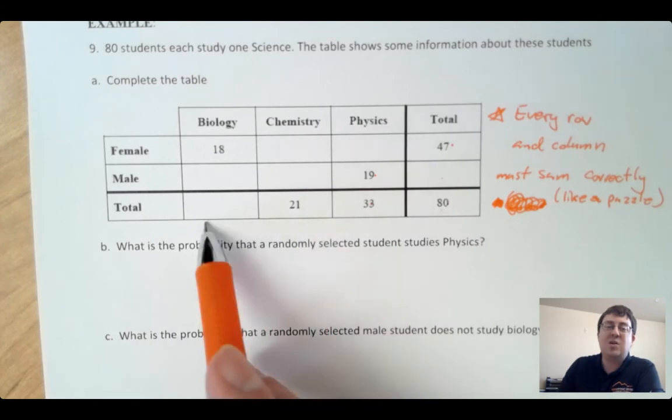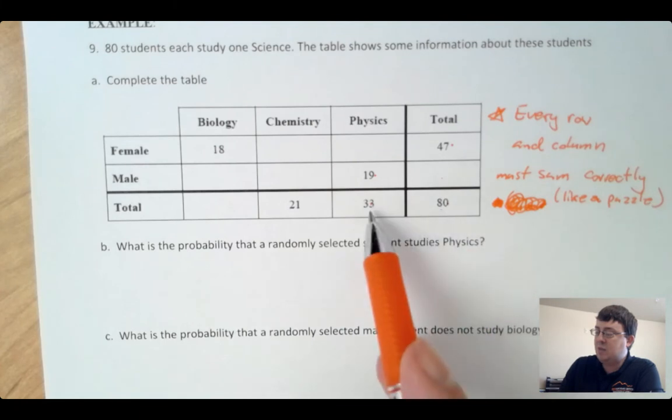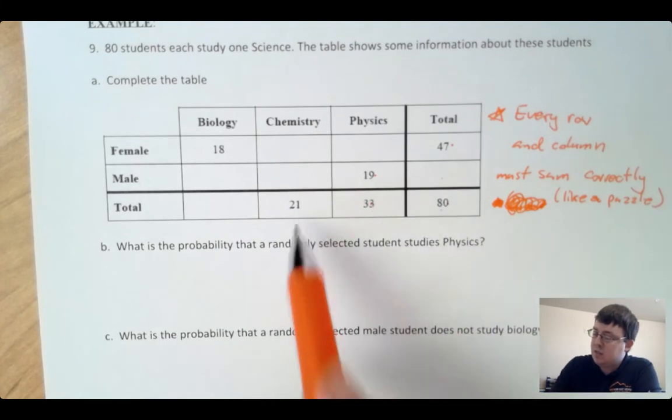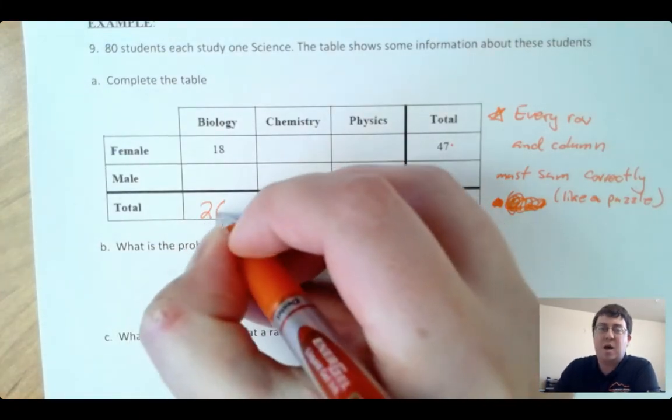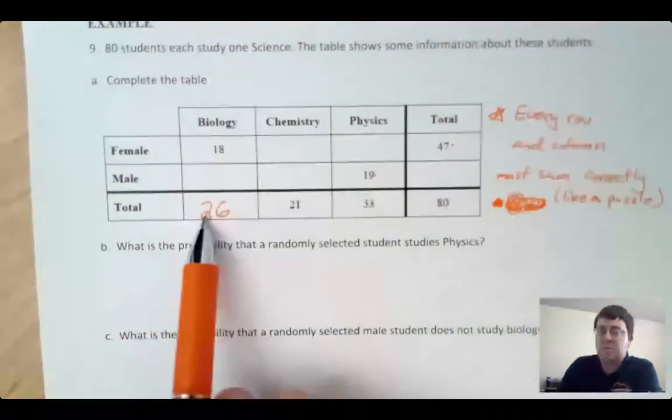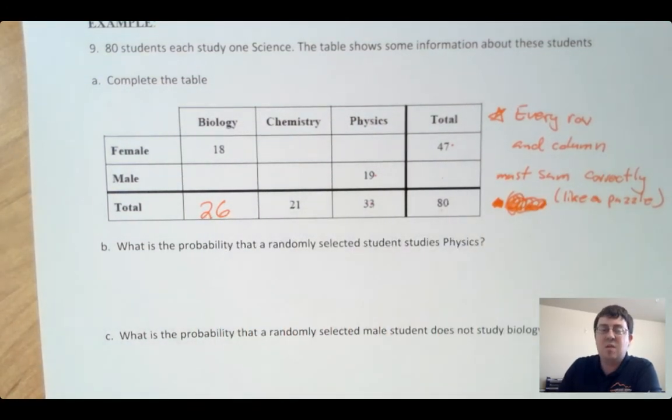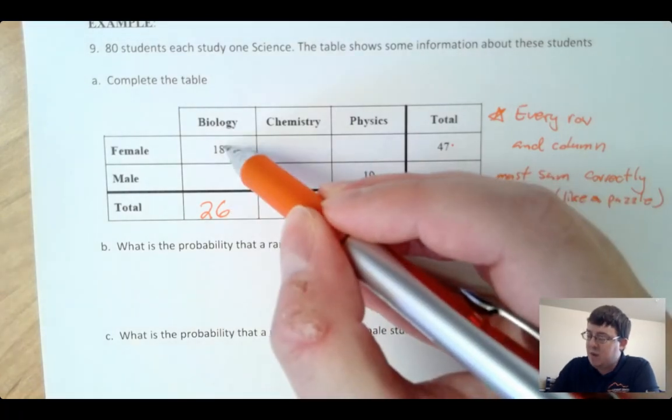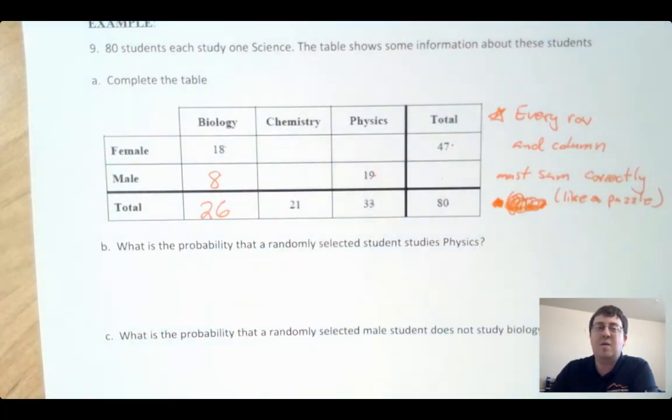And let's go ahead and do that. Let's start along the totals here. So 80 minus 33 minus 21 is 26. So 26 people have to be in biology in order for all this sum to happen. Okay. 26 minus 18 means that 8 people have to be here that are males in biology class.